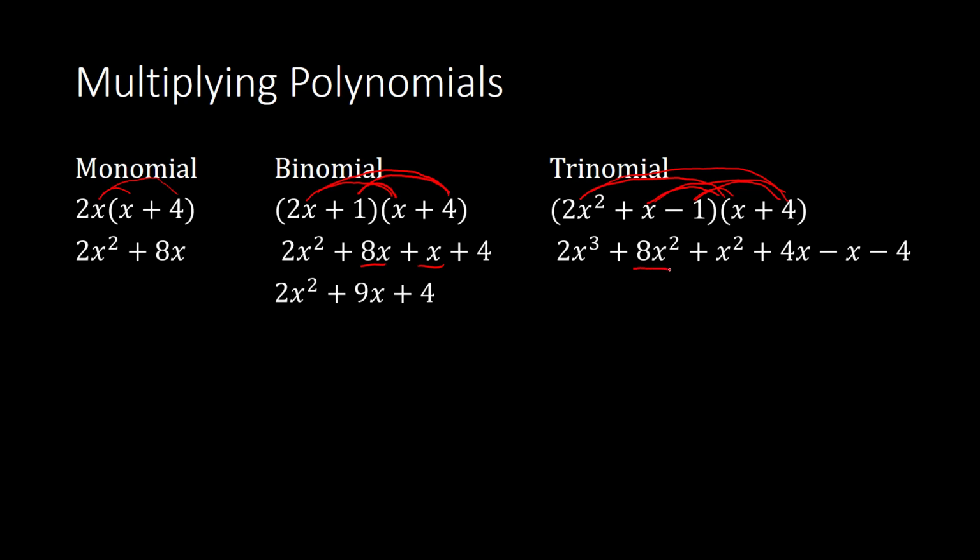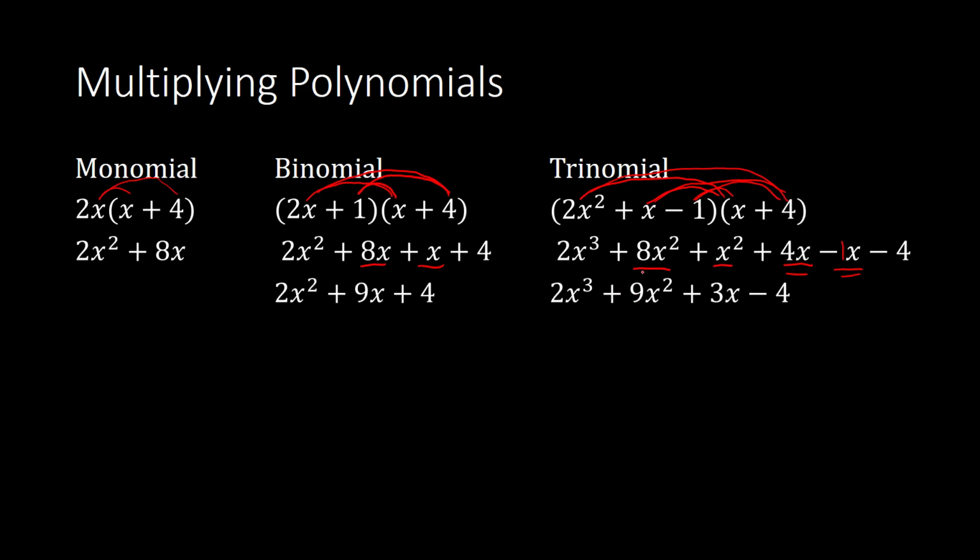So we have 8x squared plus 1x squared, and then the 4x and the negative x. So 8 plus 1x squared gives me 9x squared. 4 minus 1x would give me 3x, and then the negative 4 is out at the end. So that would be my solution if you're told to multiply those polynomials.